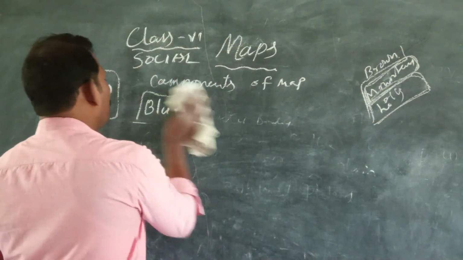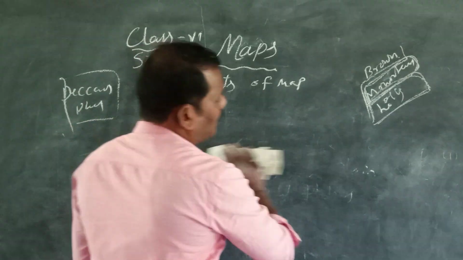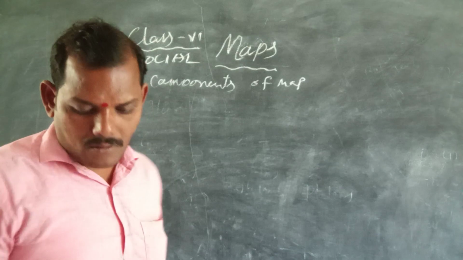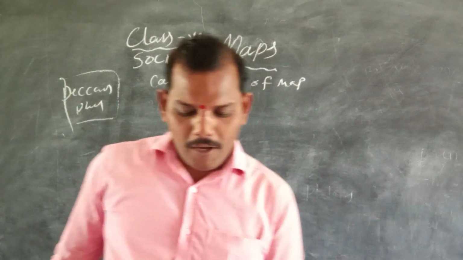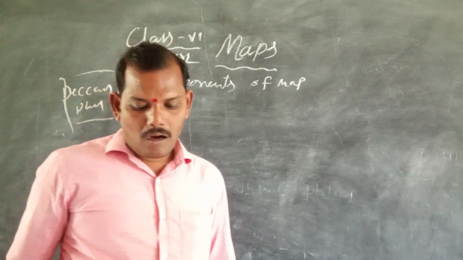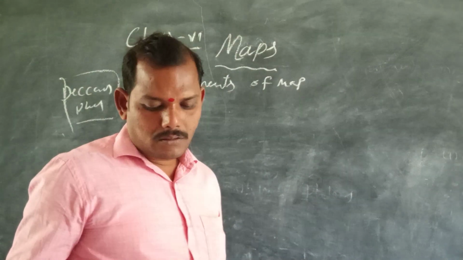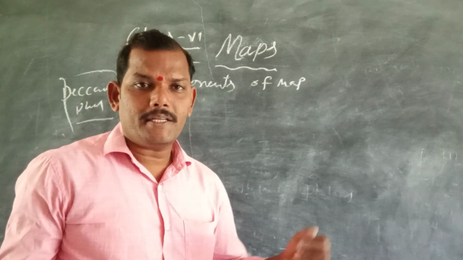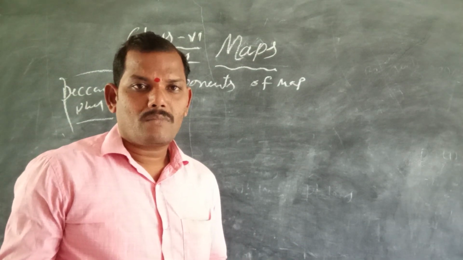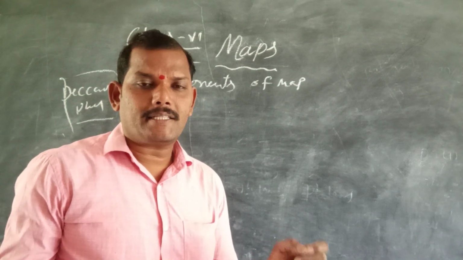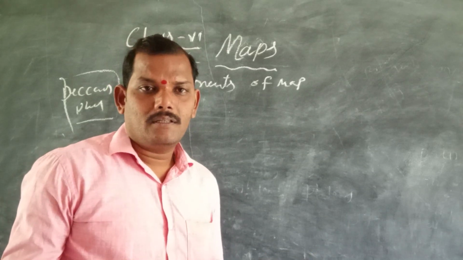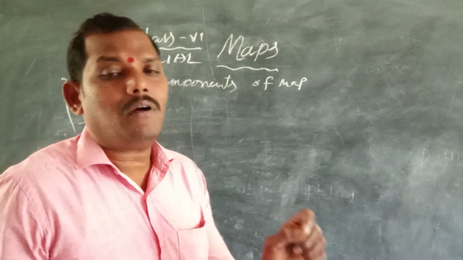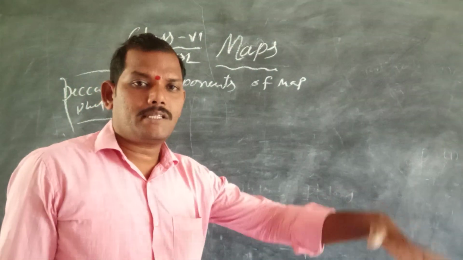Just if you want to show the population of a village, or the forest of a village, the particular land particulars of a village, these are called thematic maps. Later we have to discuss that.